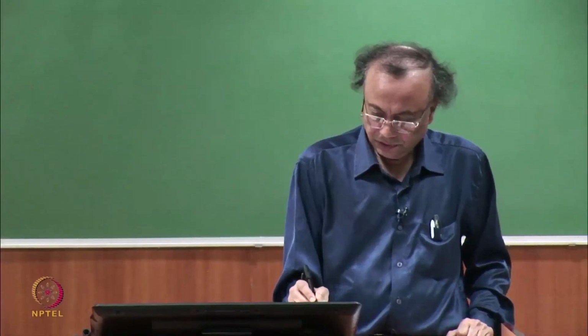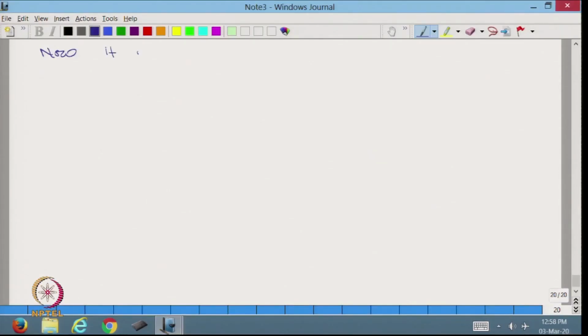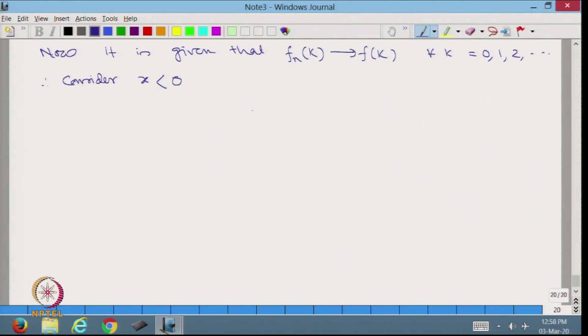Now, it is given that f_n(k) converges to f(k) for all k equal to 0, 1, 2, etc. Therefore, consider x less than 0.